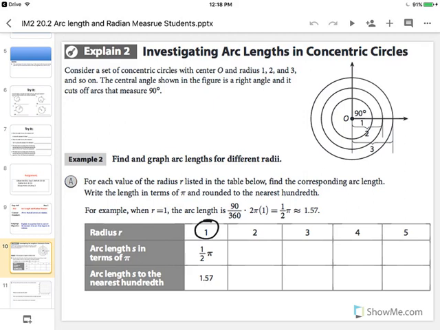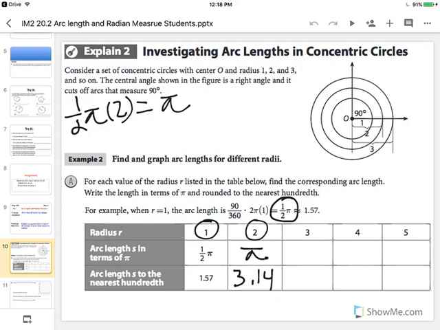This is our constant term, it will not change. When the radius is 2, we just multiply this by 2. This gives us pi, which is 3.14.